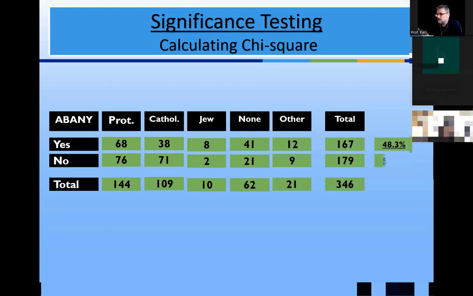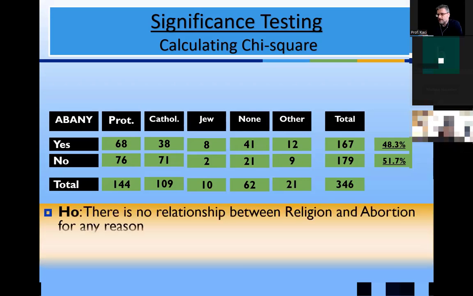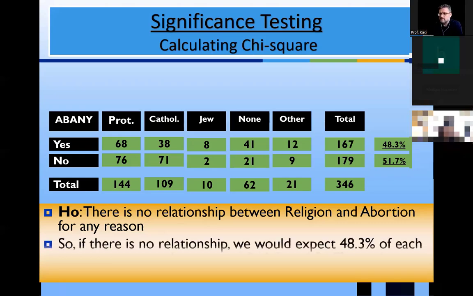So you have 167 people who said yes, they support abortion for any reason. 179 people said no. And specifically because the total is 346, you have 48.3% who support and 51.7% who oppose abortion for any reason. And the null hypothesis is that there is no relationship or no association between religion and abortion for any reason. Okay?